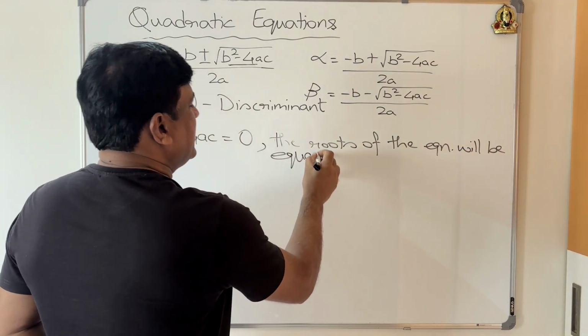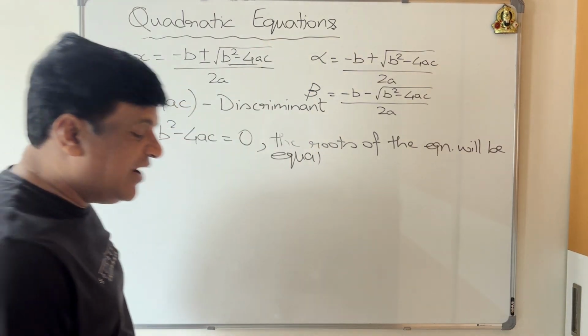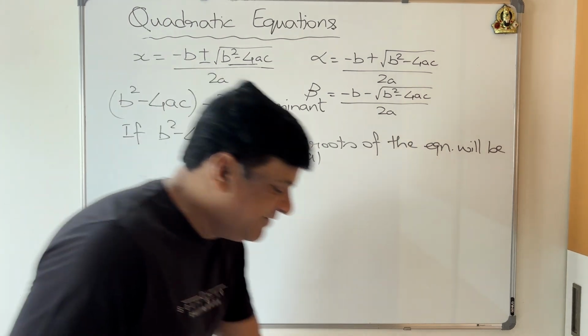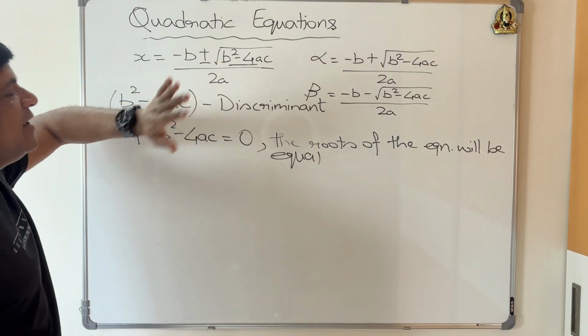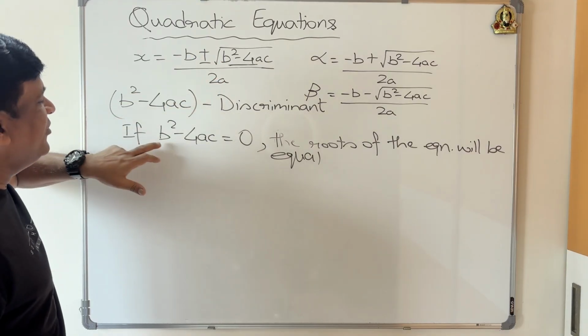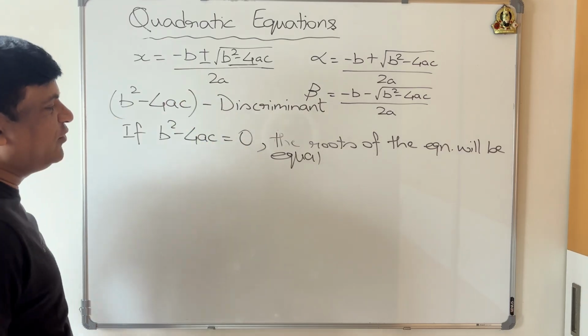Both the roots will be equal. Both the values will be equal. What do you mean by that? It's a perfect square. Remember that one. The moment you see a quadratic equation, you can check this value. If it is equal to 0, both the roots are same.